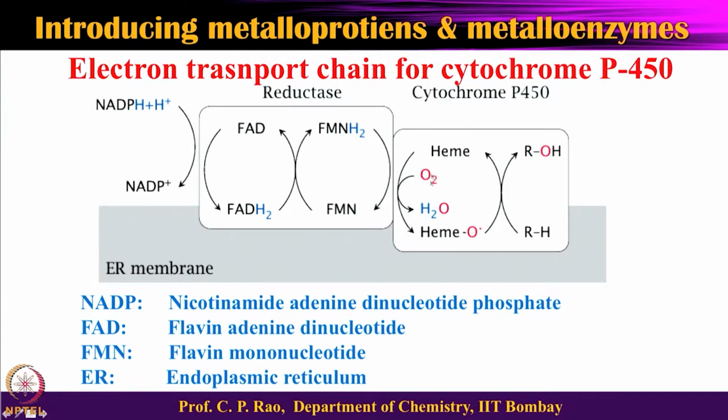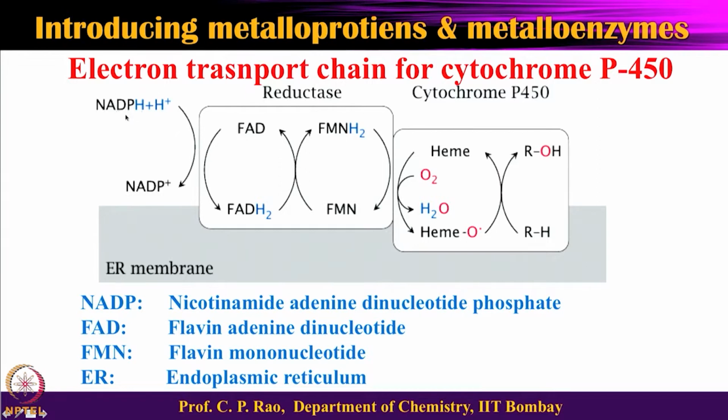This is the last part, where cytochrome P450 is involved, where RH is converted to ROH, and this is coupled with the heme of cytochrome P450. But cytochrome P450 on its own cannot do this. It has to get electrons taken from something, that is taken from something else.